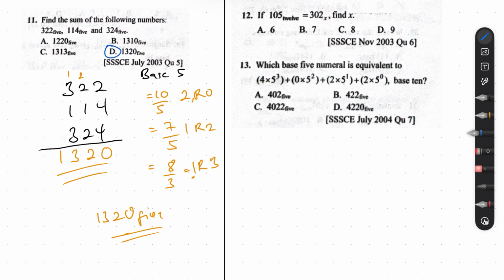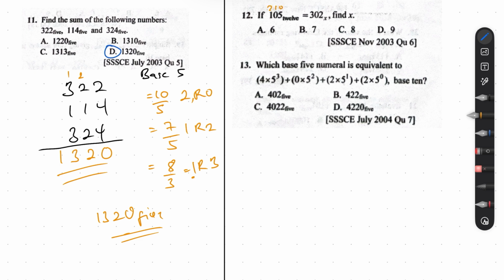It says if 105 base 12 is equal to 302 base x, find x. So what we do, we just convert everything to base 10. Okay, cool. Let's do that. We convert and then we equate them to each other. So here we label the positions 0, 1, 2.